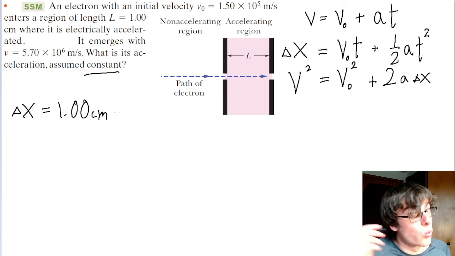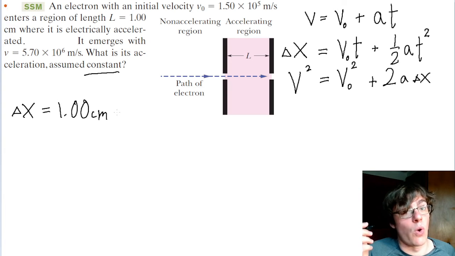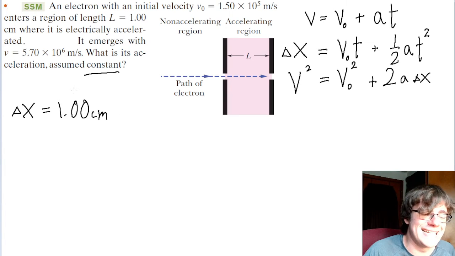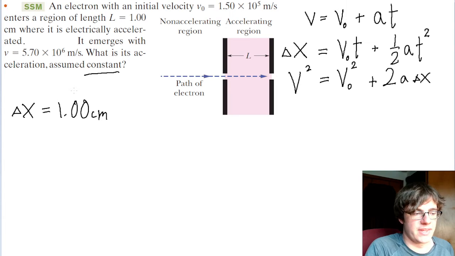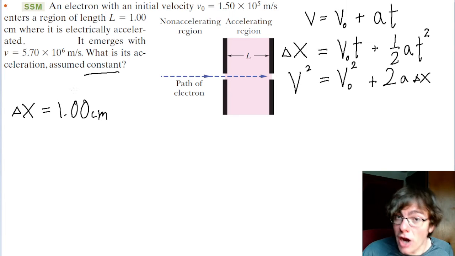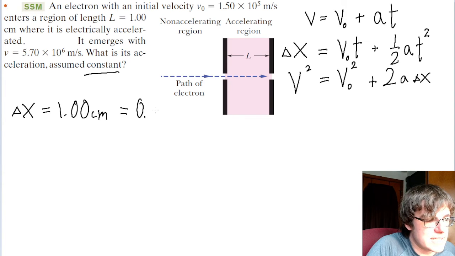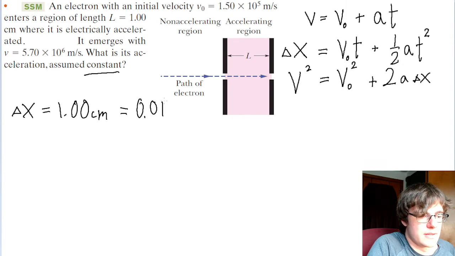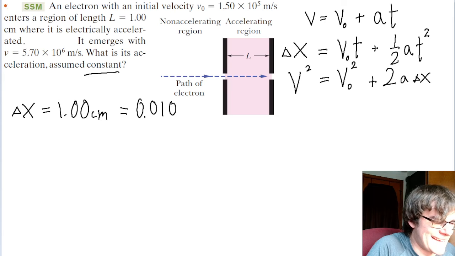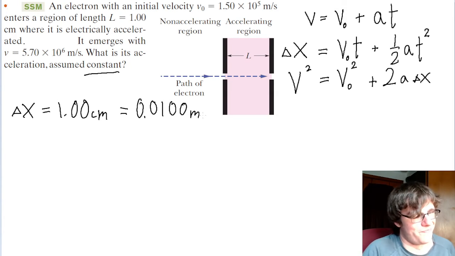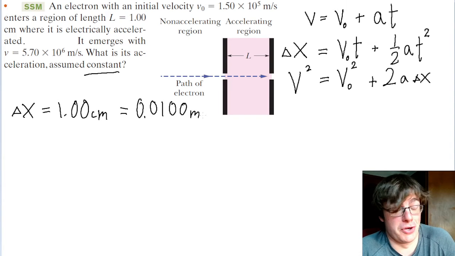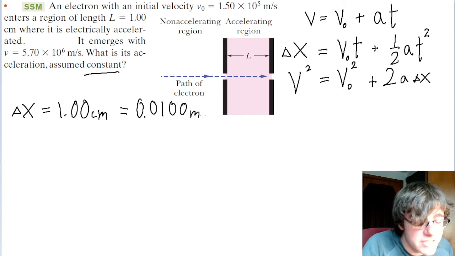So remember, there are 100 centimeters in 1 meter. To convert, we just divide the centimeters by 100 or move the decimal point 2 spots to the left. So this means that we've got 0.01 meter, though technically those last two zeros are also significant. But for the purpose of the math, we could just put in 0.01 meters.